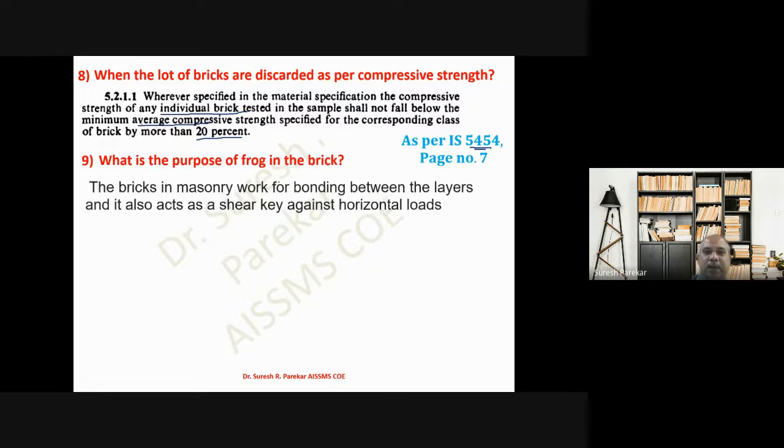We have two purposes. First, in masonry work for bonding, so we provide the frog first for bonding in vertical layers, and it will also act as a shear key against horizontal load. So it will help us in vertical layers and for horizontal loads also.